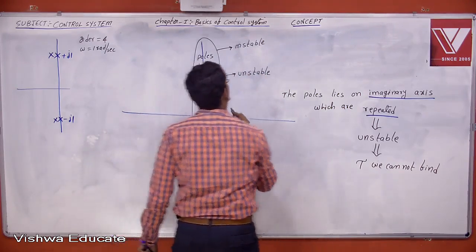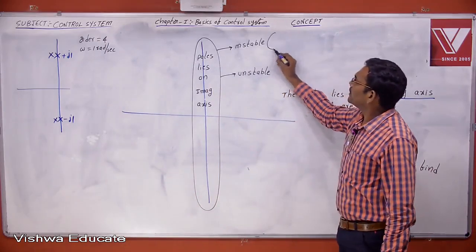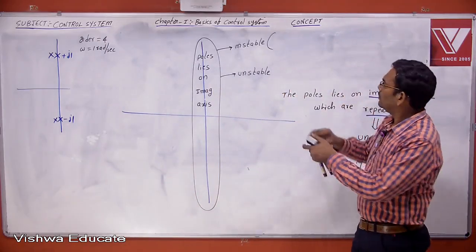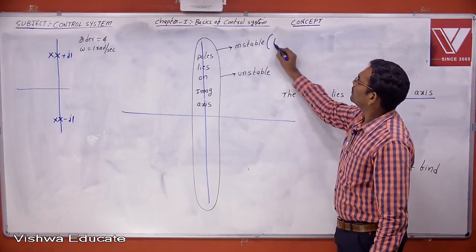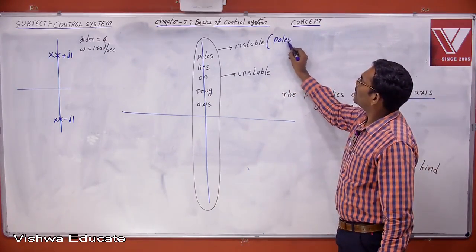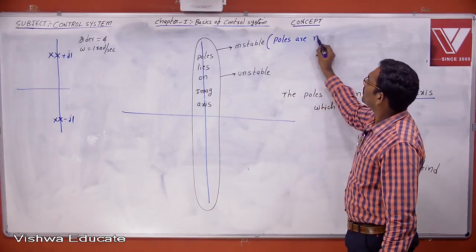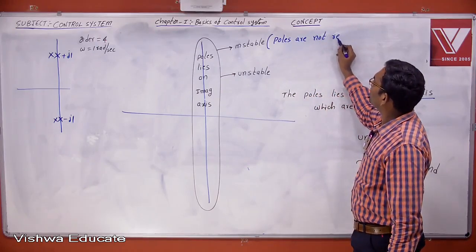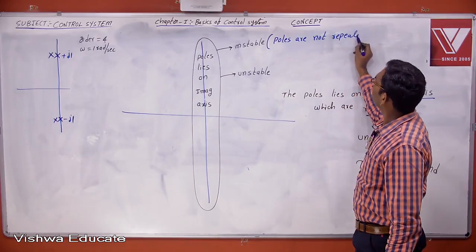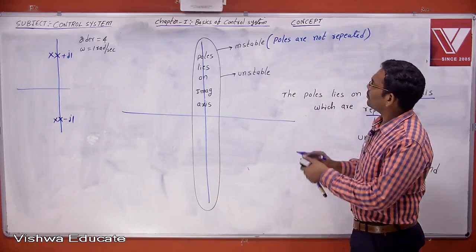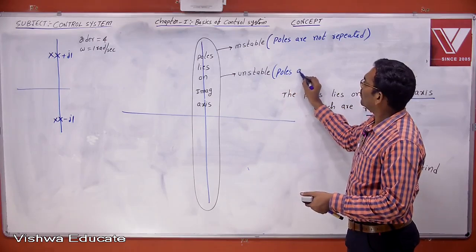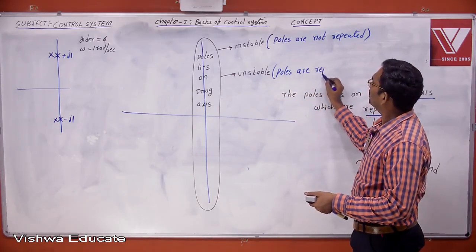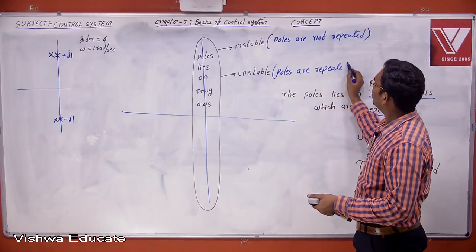When it is marginally stable, the poles are not repeated. This is unstable when the poles are repeated.